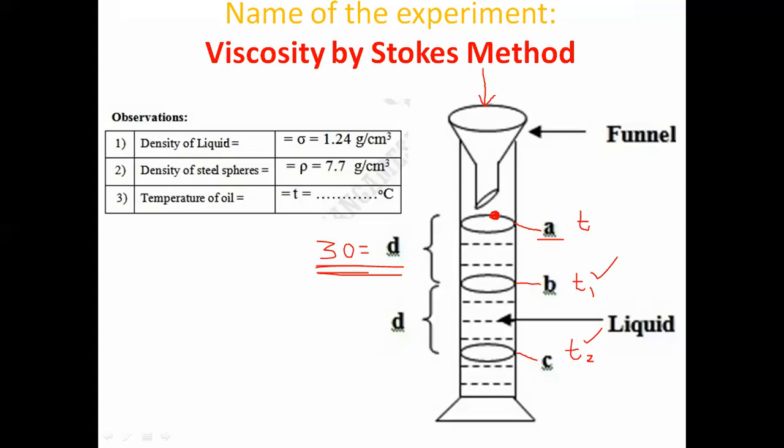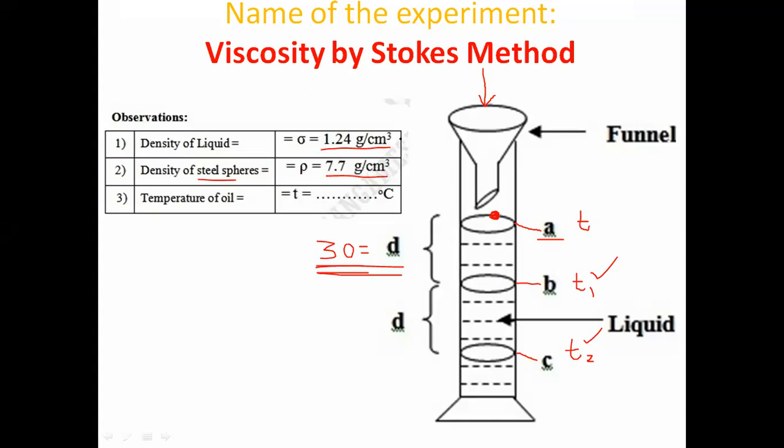So you are provided with the liquid and density of the liquid. So density of the liquid, that is sigma, is equal to 1.24 gram per centimeter cube. Generally we use glycerin in our lab, and density of steel spheres, rho, is equal to 7.7 gram per centimeter cube.